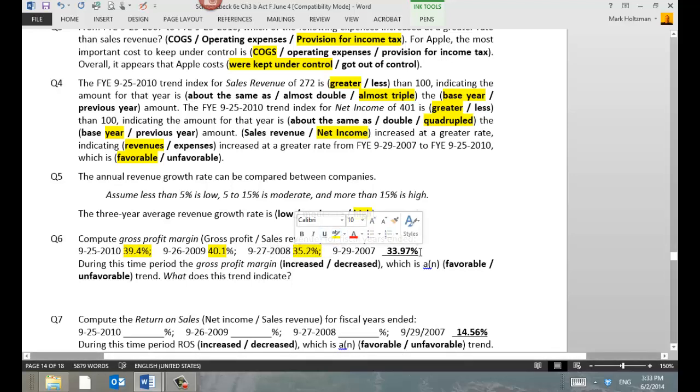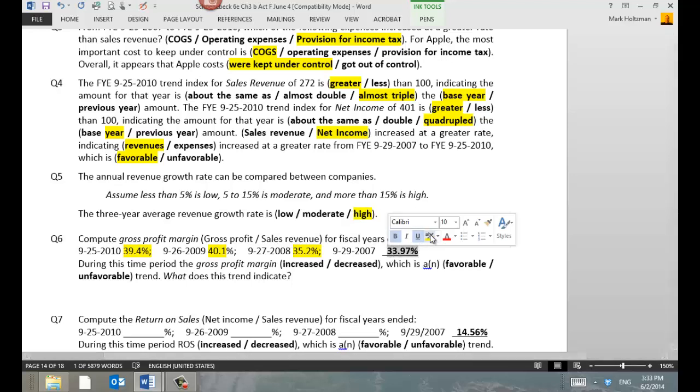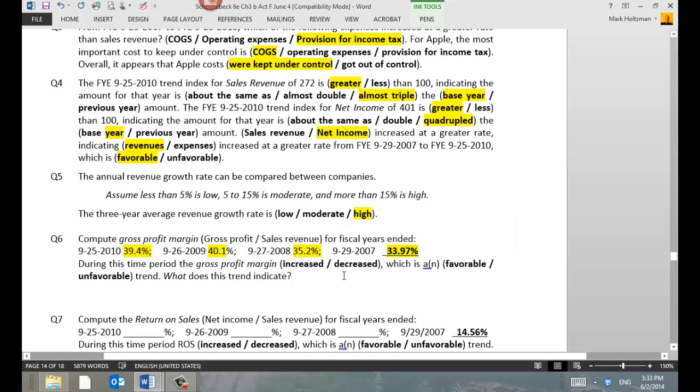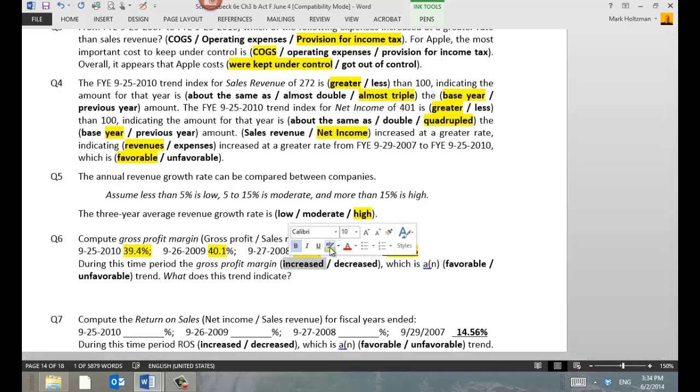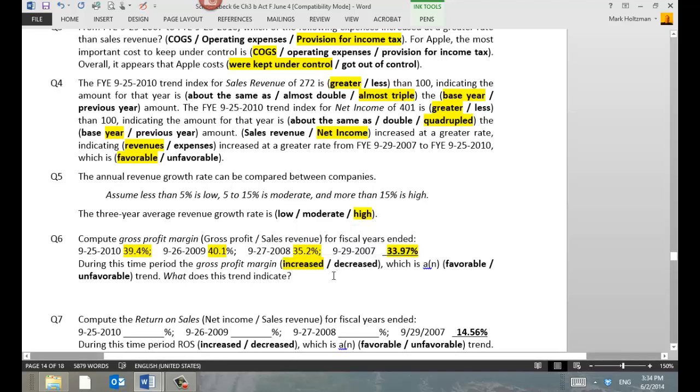And for 2007, 33.97%. During this time period, gross profit margin increased, which is favorable.